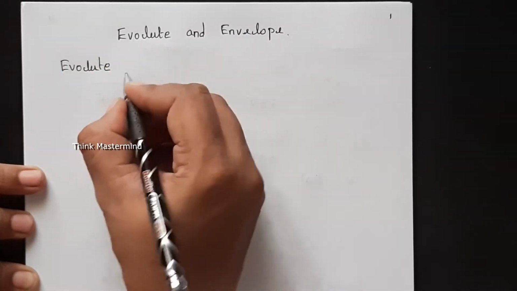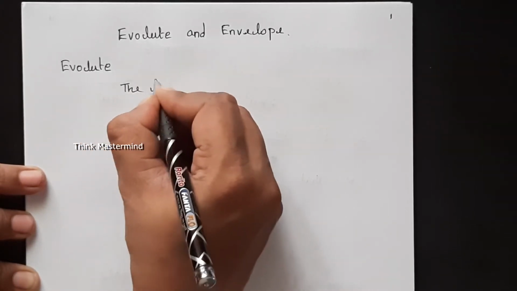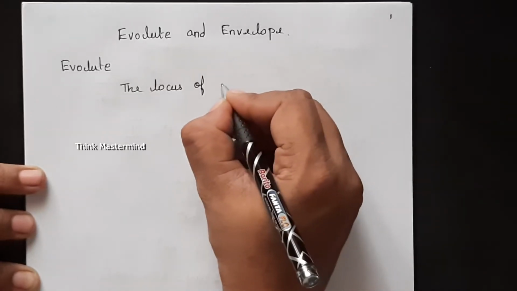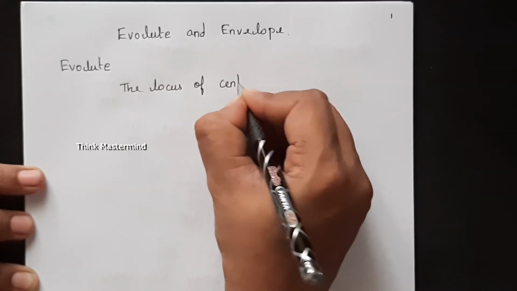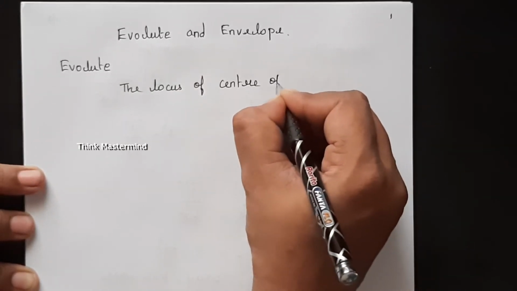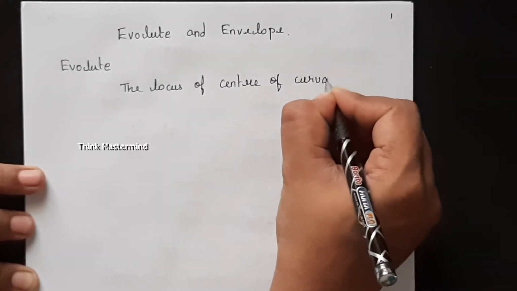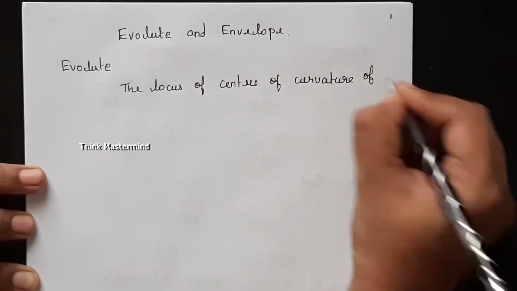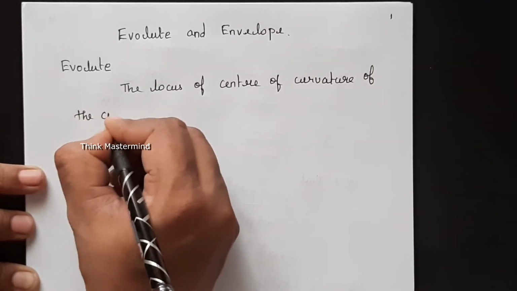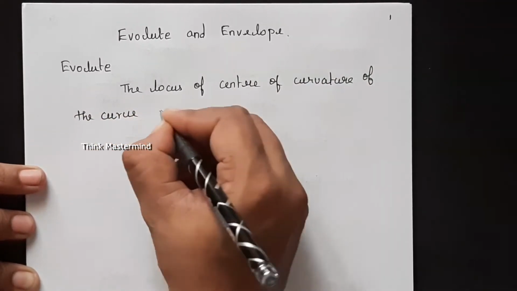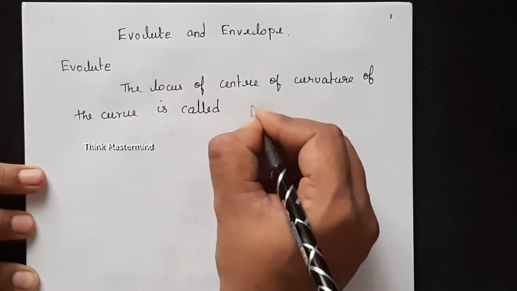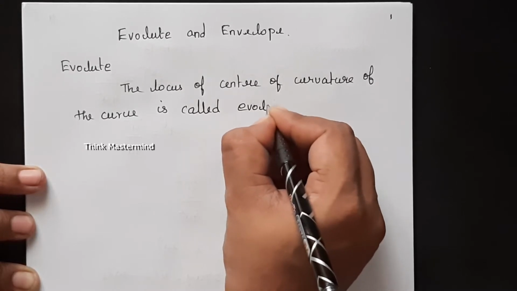The definition of evolute is the locus of center of curvature of the curve is called evolute.